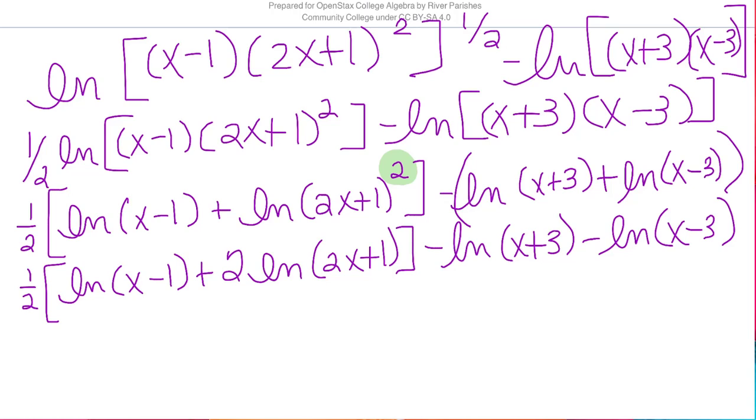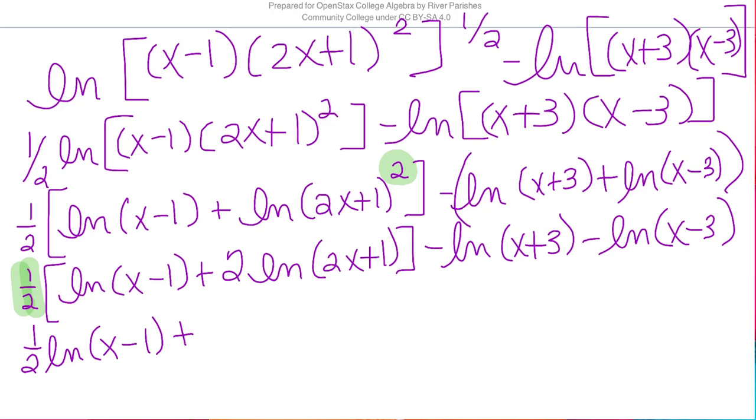All right, a little bit more to go. Now I need to take this 1/2 and distribute it to each of the terms here. So 1/2 times natural log of (x minus 1) is just 1/2 times natural log of (x minus 1). Now, when I multiply the 1/2 times this 2, they cancel and leave 1.